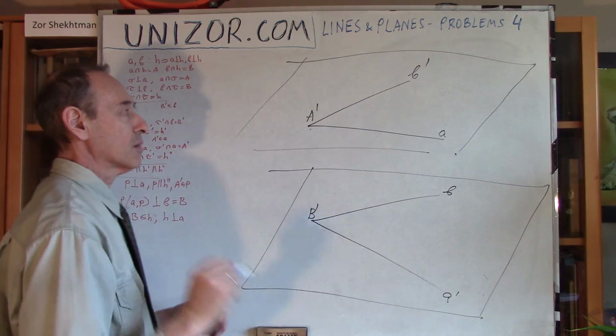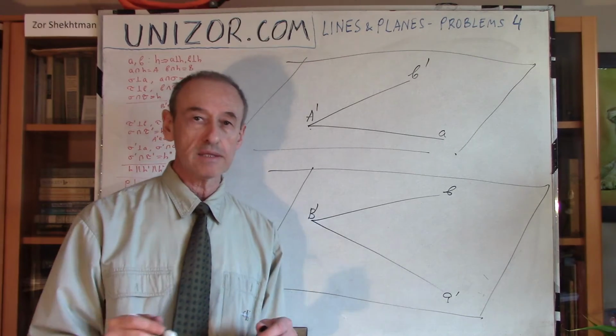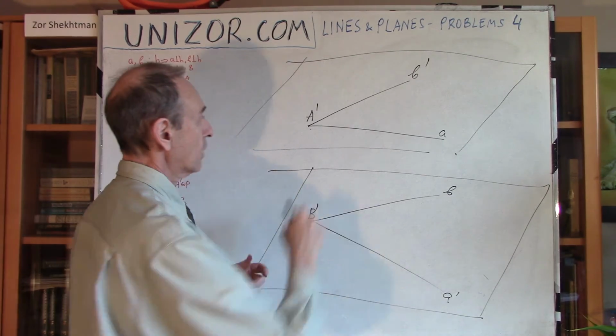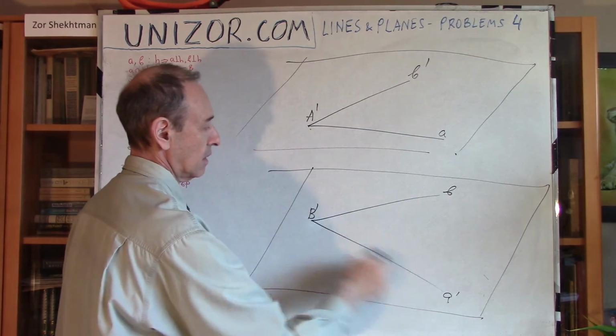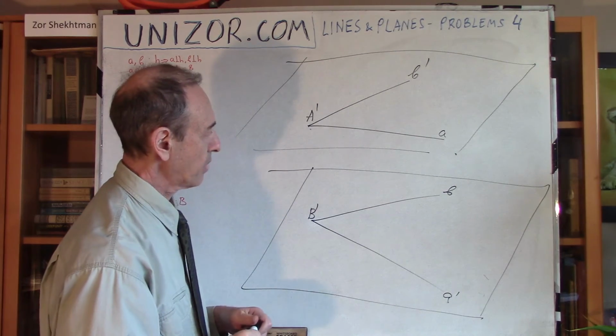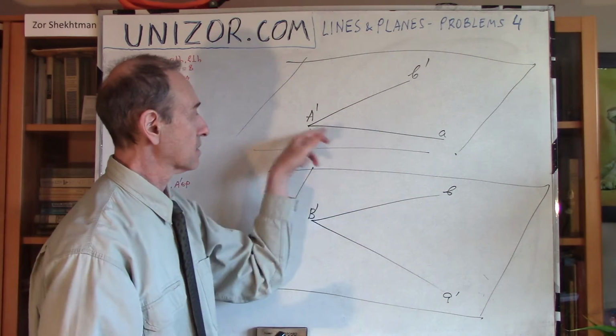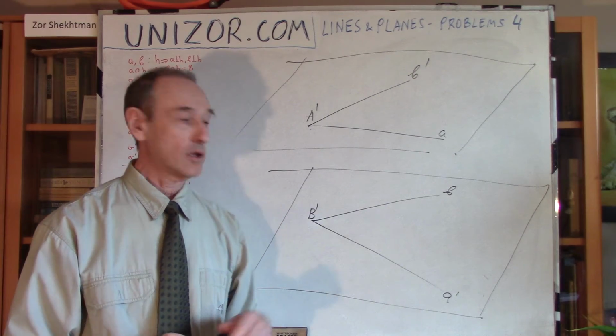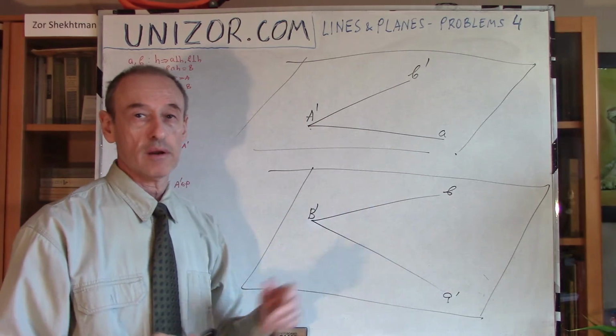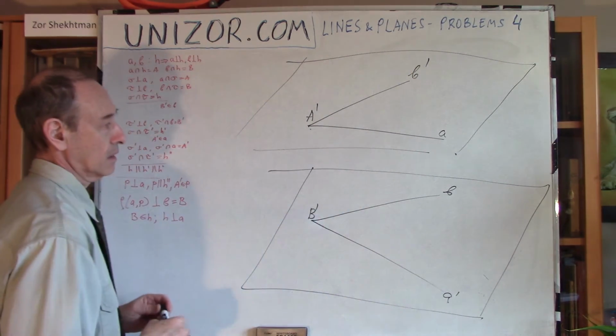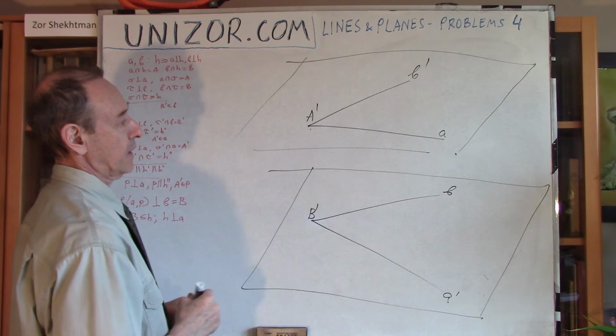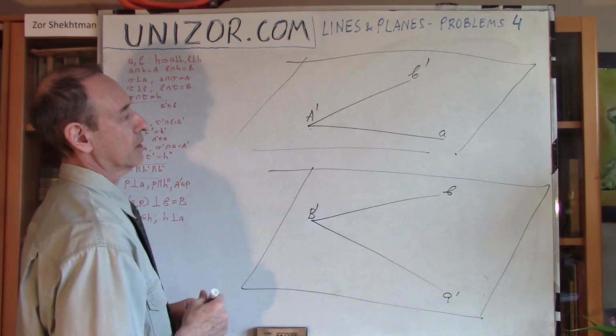Again, when we were talking about parallelism between planes, if you have two intersecting lines parallel to another two lines on another plane, then the planes are parallel. Granted, the planes are parallel, and what should I do about it?